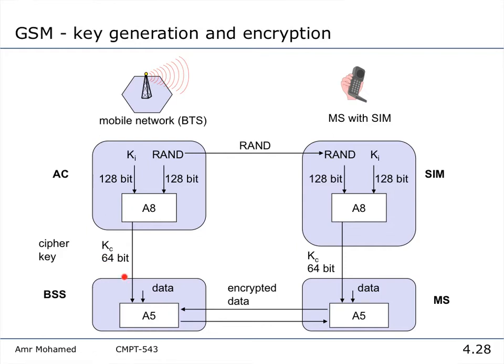So you need to use this key to encrypt the data. Nobody said the length of the data now, because that depends on A5. Okay? Any questions so far? So this is the authentication and the confidentiality, or the encryption, across the air interface.